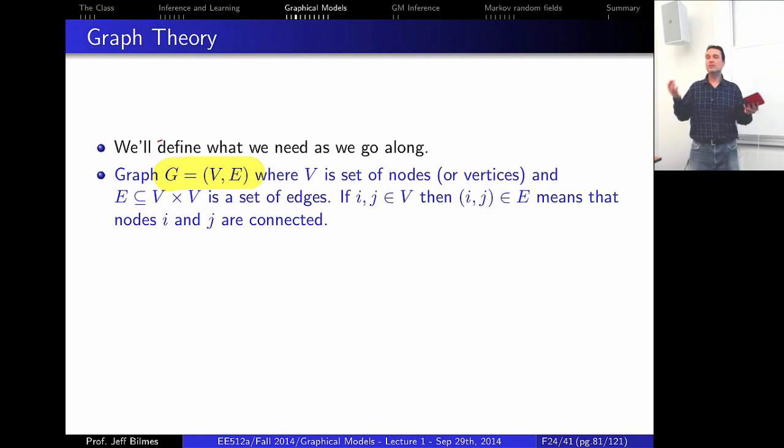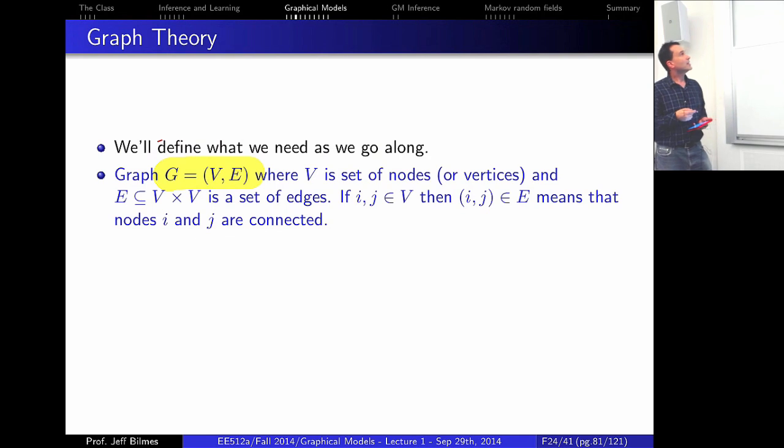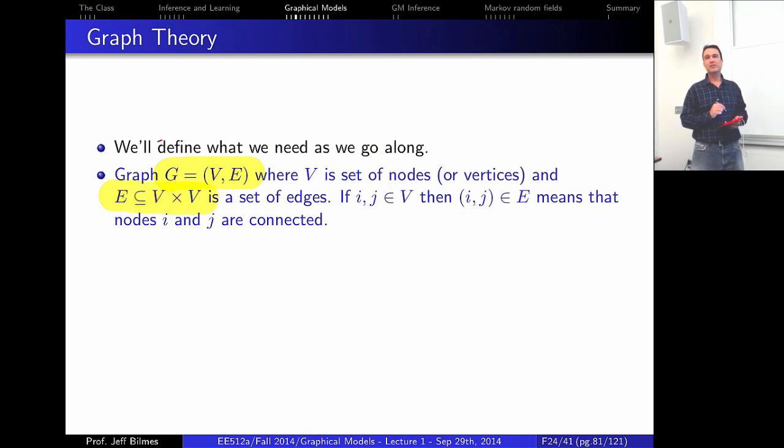Vertices and nodes are used interchangeably, and the edges are a subset of the Cartesian product of V and V. So basically, if I and J are two vertices, then whenever the pair IJ is in E, that means that I and J are connected.